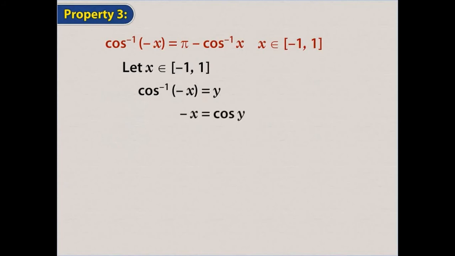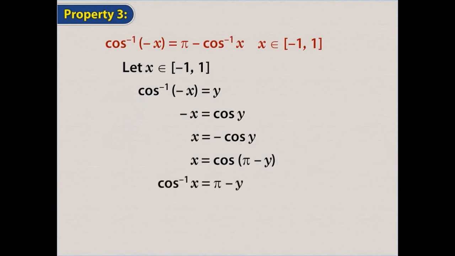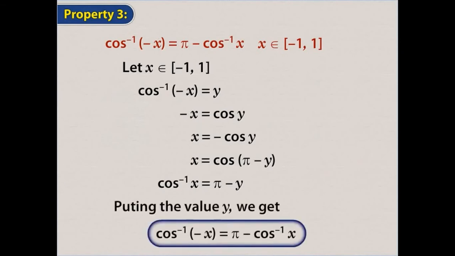Minus x equals cos y. x equals minus cos y. This implies that x equals cos of pi minus y. Cos of minus theta equals cos of pi minus theta. So, cos inverse of x equals pi minus y. Therefore, cos inverse of minus x equals pi minus of cos inverse x.